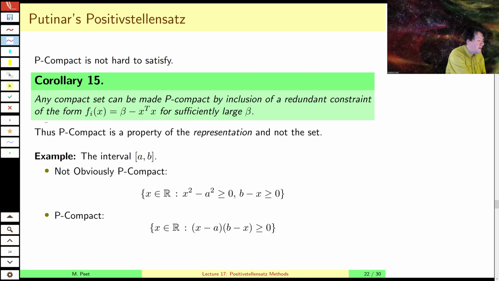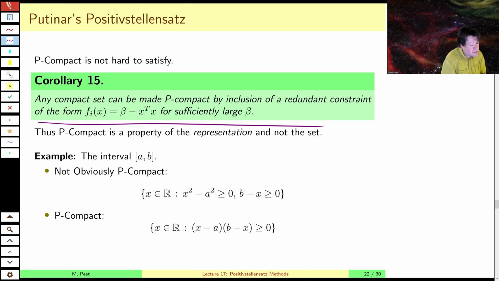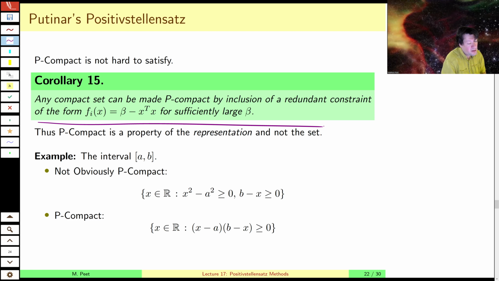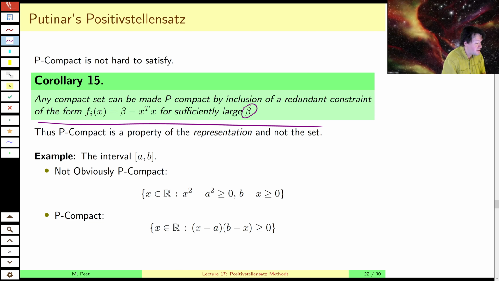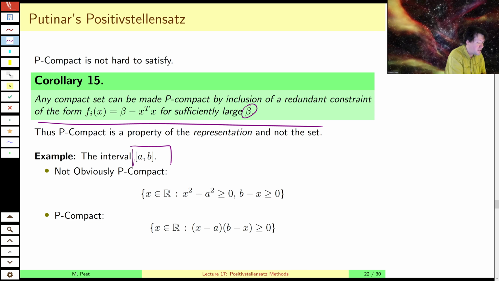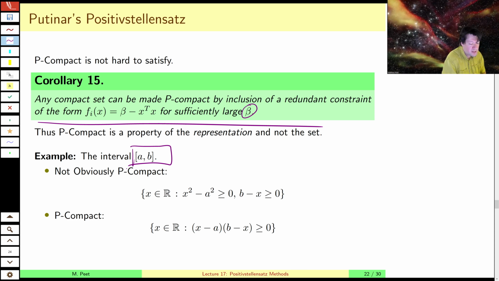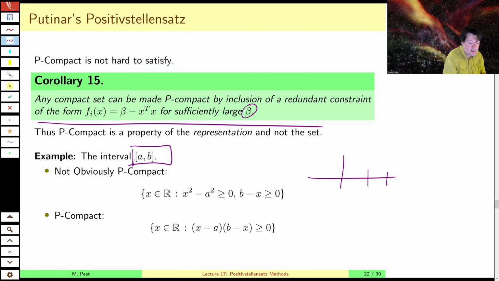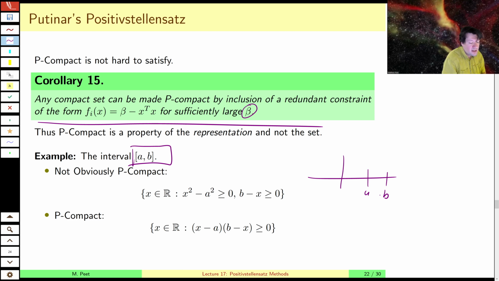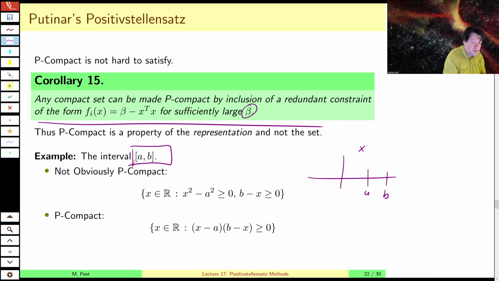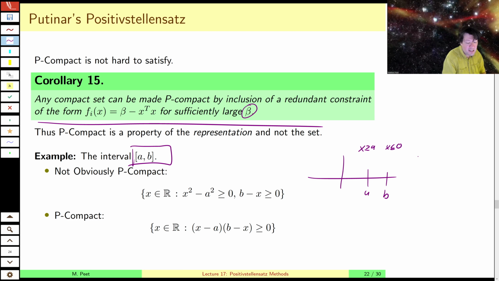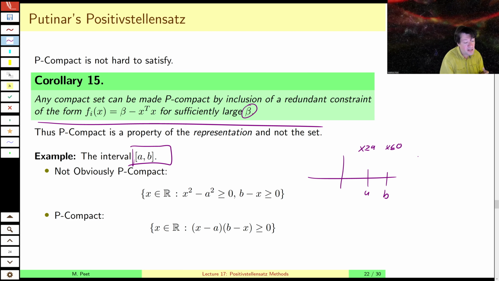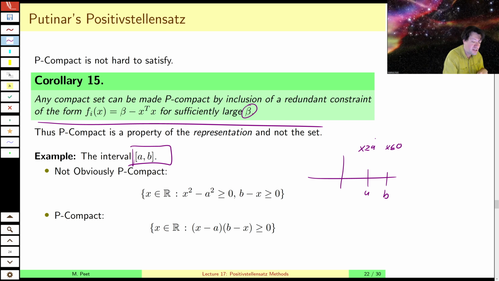So again, any compact set can be made p-compact by including a redundant constraint in the form of a ball for sufficiently large beta. For example, consider a couple of cases of representations of the interval a to b. If we consider the representation x greater than a and x less than or equal to b, that by itself, if you have no other constraints on the set, is p-compact because both are linear.